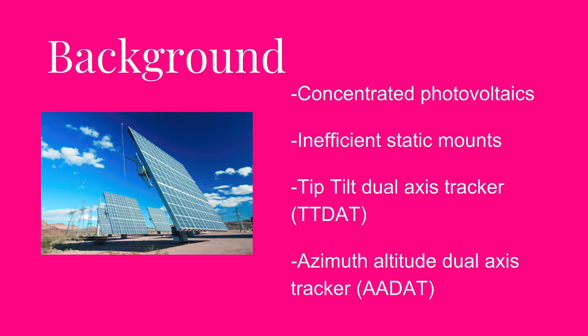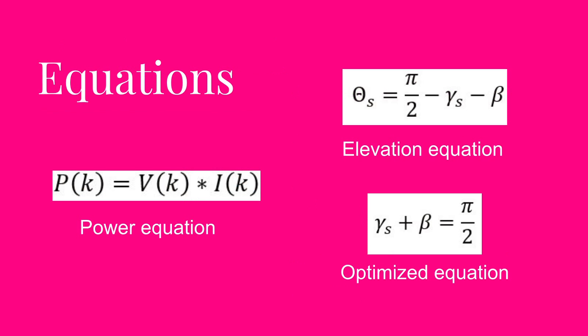It is one motor that controls the elevation and one motor that orients the panel so that it faces the correct cardinal direction, or azimuth, compared to the sun. Some of the basic equations we used to help work with our control started with just the power equation, where we have the voltage in the panel multiplied by the current generated by the panel to get our power. We are trying to maximize power at all points through the day with the solar panel by having the correct angle.